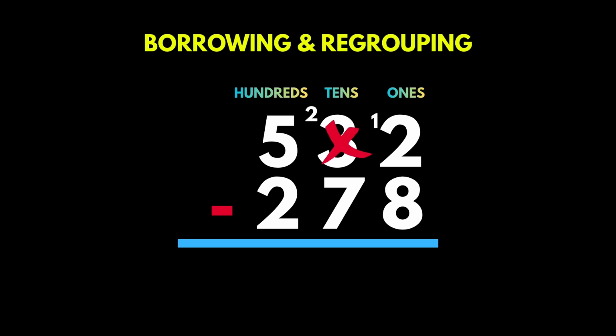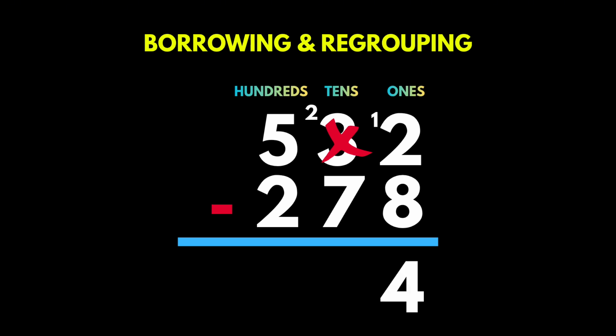We go to the next column, the tens, and we borrow one group of 10. The tens digit goes from 3 down to 2 because we took 1 away, and that 1 we borrowed represents 10 ones, so the ones column goes from 2 up to 12. Now, 12 minus 8 equals 4. Write the 4 in the ones place.